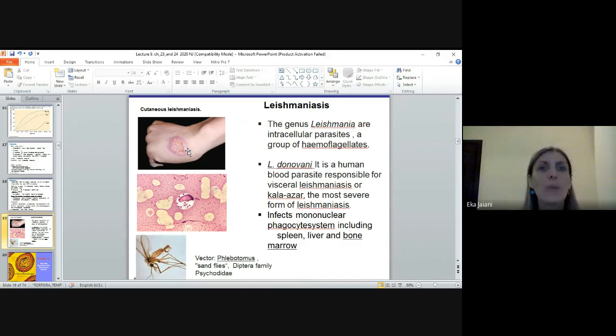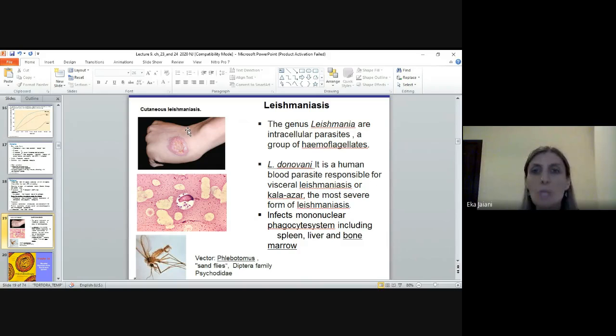This is the milder form, cutaneous leishmaniasis. There's also mucocutaneous leishmaniasis that affects deeper layers of skin and mucous membranes and can lead to disfiguring of the face.